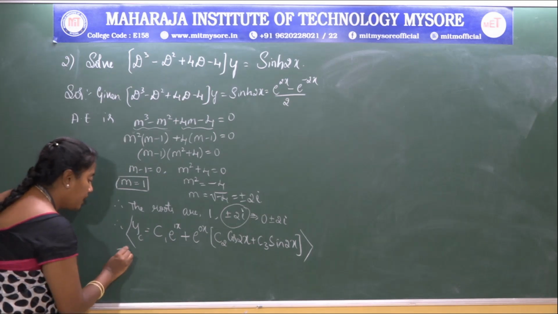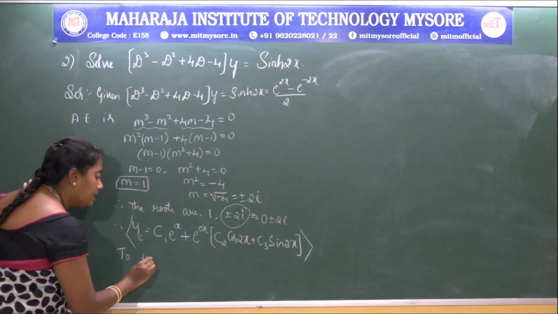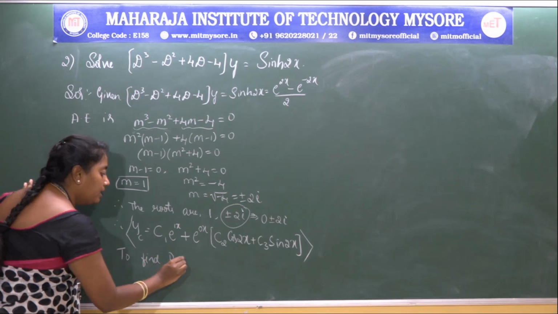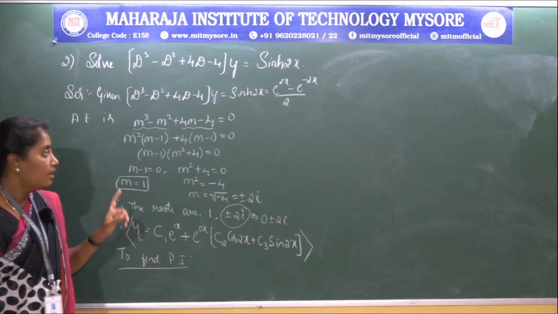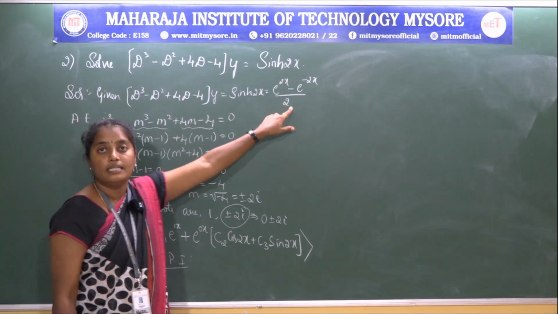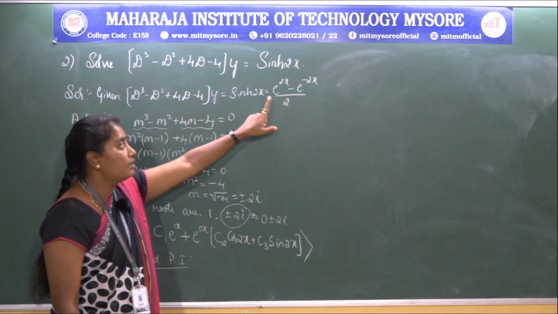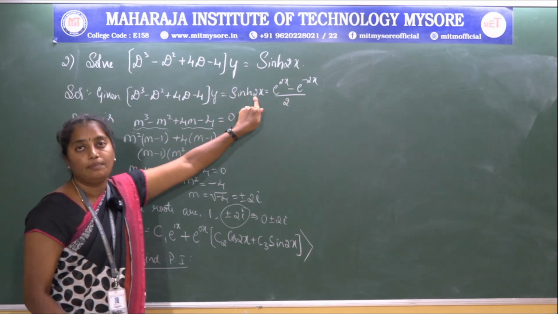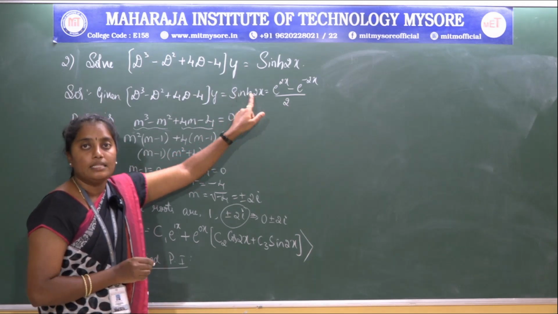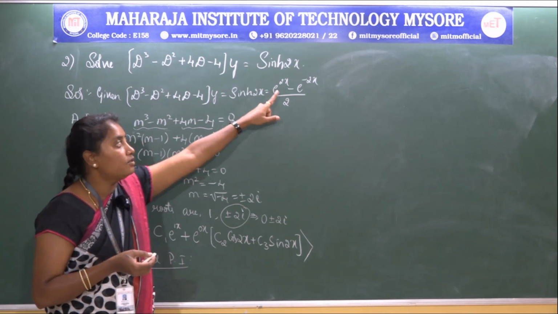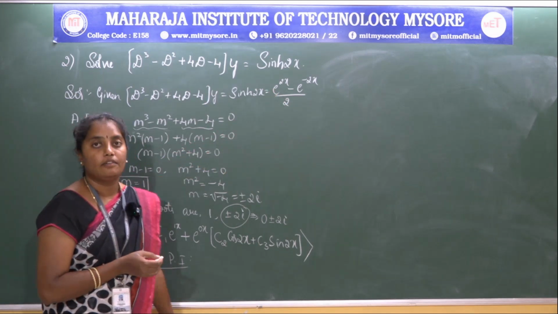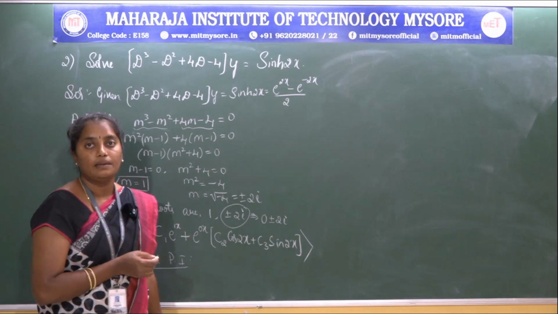Next we have to find the particular integral. To find the particular integral, we have to use the RHS part of the given equation, and the function is sine hyperbolic 2x. We can simplify that as an exponential term, that is e to the power of 2x minus e to the power of minus 2x, divided by 2.